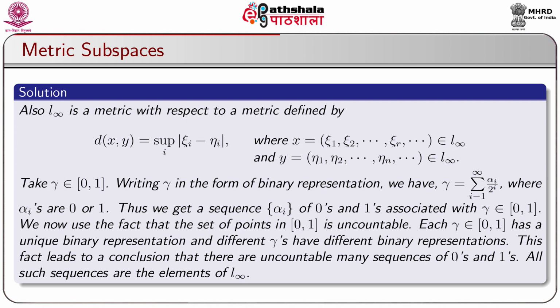We now use the fact that the set of points in [0, 1] is uncountable. Each gamma belonging to [0, 1] has a unique binary representation, and so different gammas have different binary representations. For each gamma, the scalars alpha i will vary, but they take only the values 0 or 1.